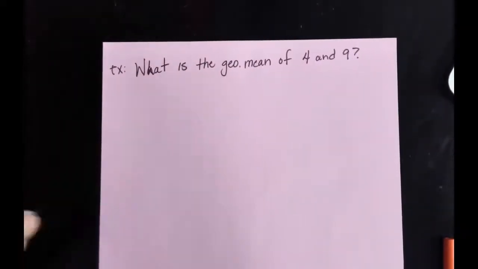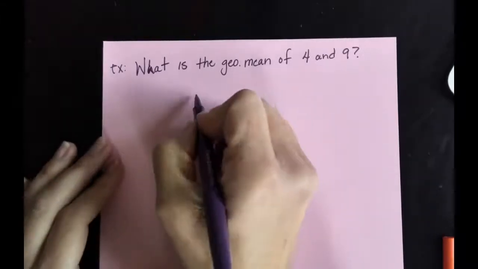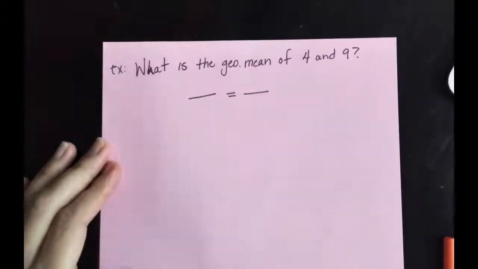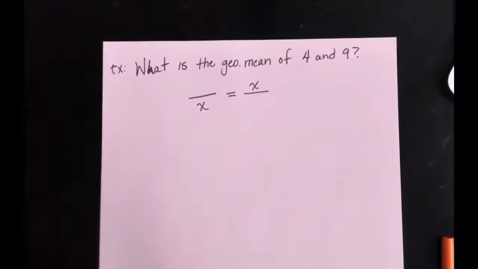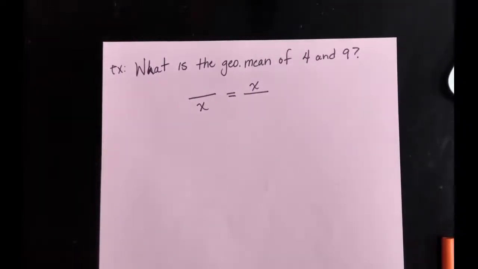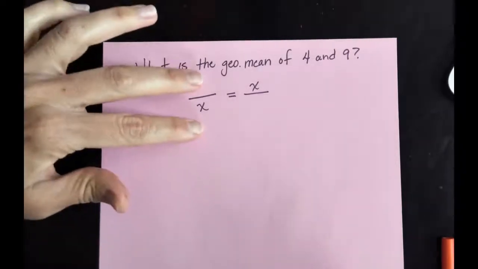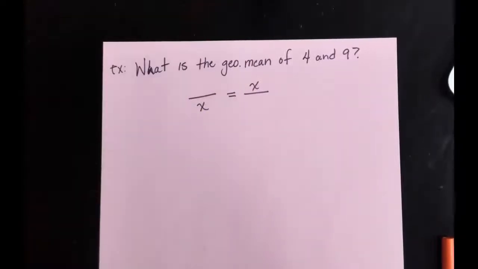So when you think about, again, what a geometric mean is, we have these proportions where the mean's position was repeated. So whether it's leg, leg, altitude, altitude, x, x. The mean position was the repeated segment, the repeated side, the repeated length. They just didn't correspond. So they're not in the same position in our fraction.